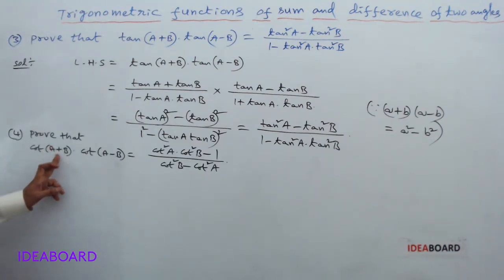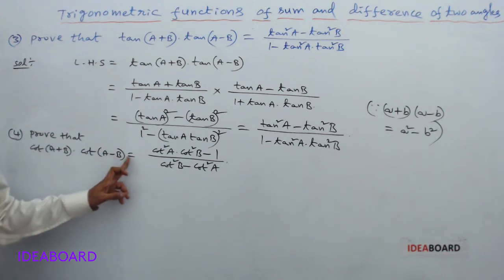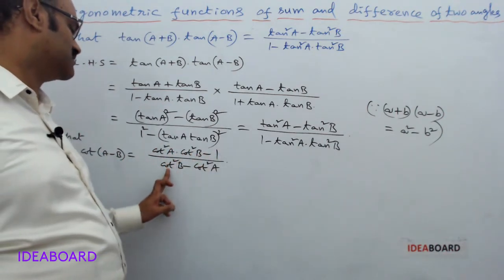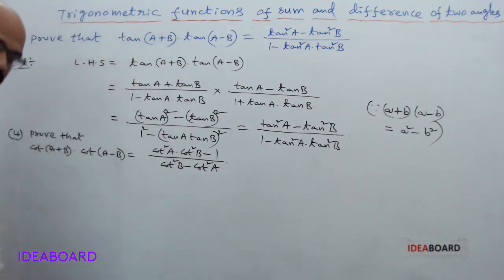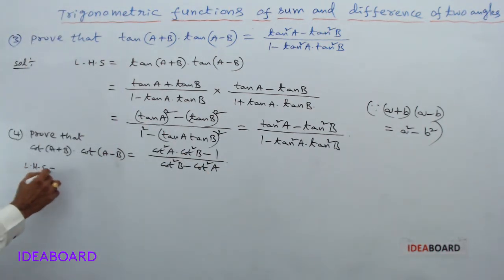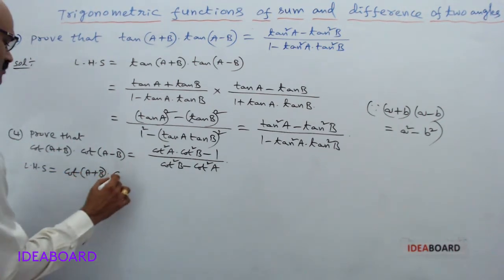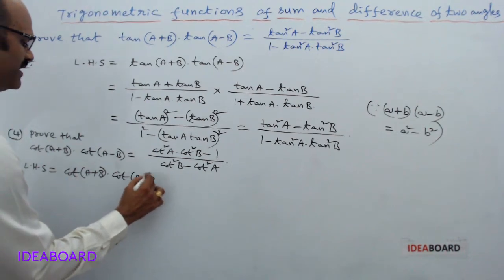Prove that cot of a plus b into cot of a minus b equals cot square a cot square b minus 1 by cot square b minus cot square a. Now, LHS equals cot of a plus b into cot of a minus b.